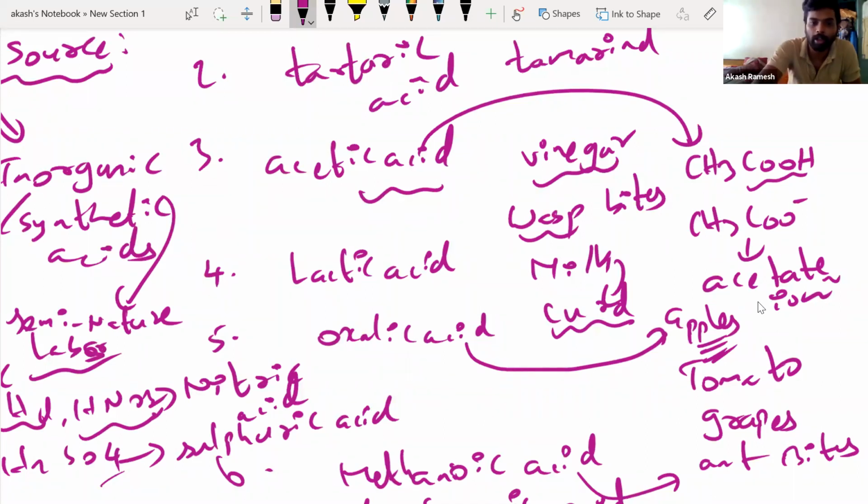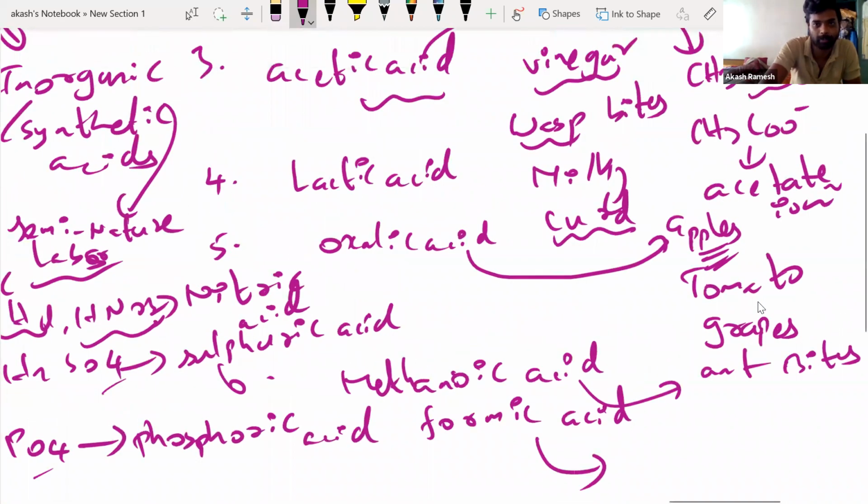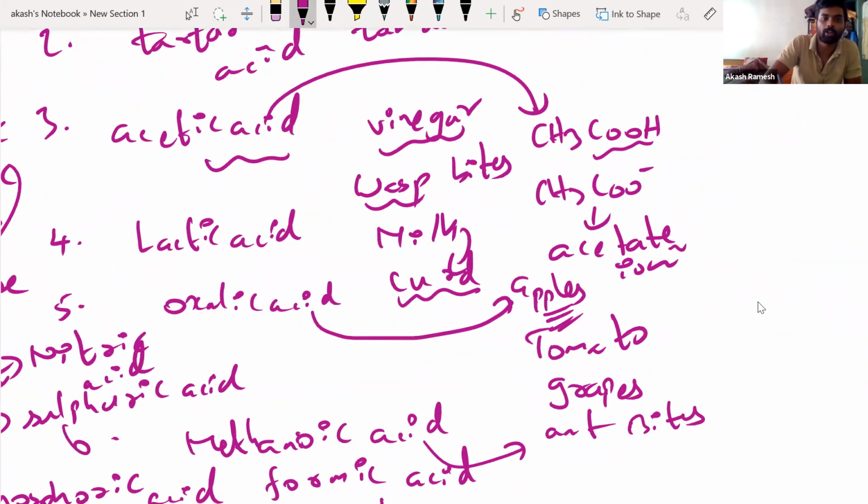Now, there is one more thing also you can know, guys. Formic acid or methanoic acid. Now, one more thing I'll tell you, right? This acetic acid is also called as ethanoic acid.